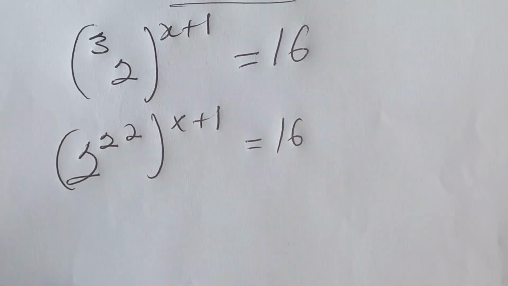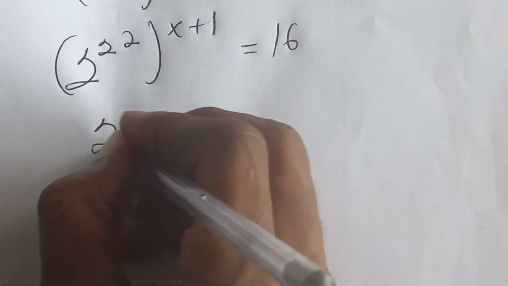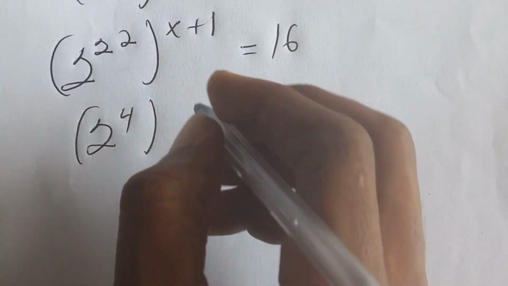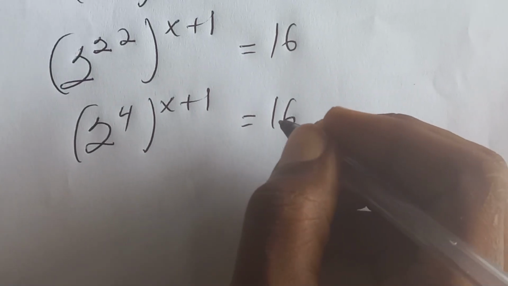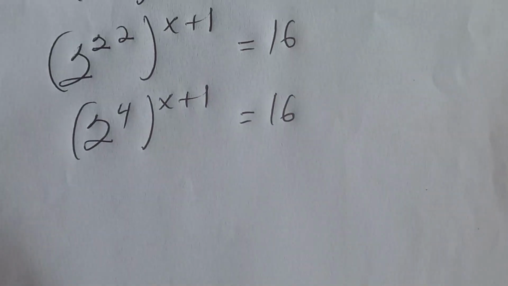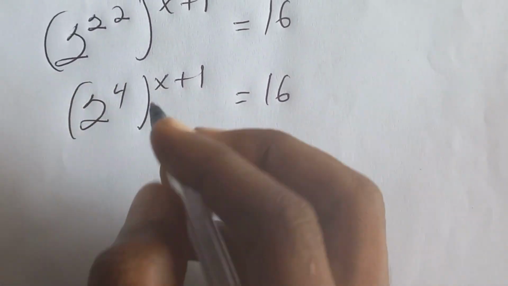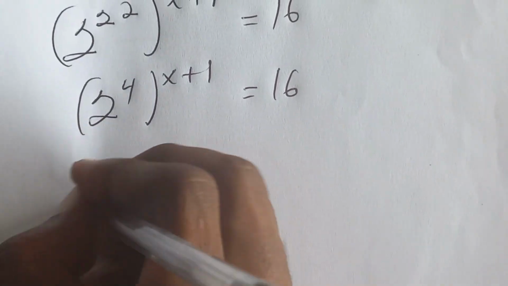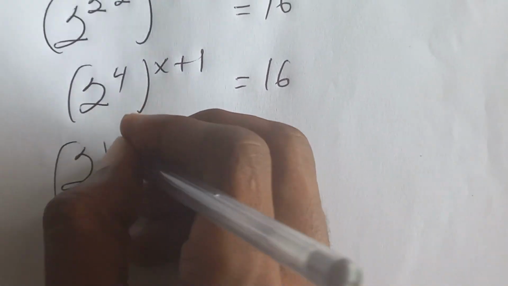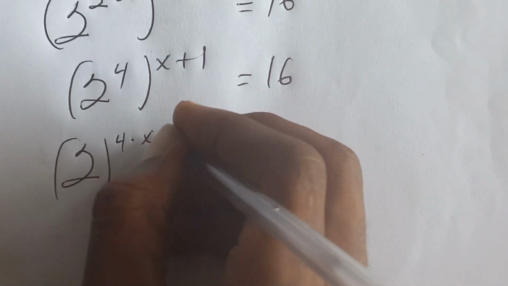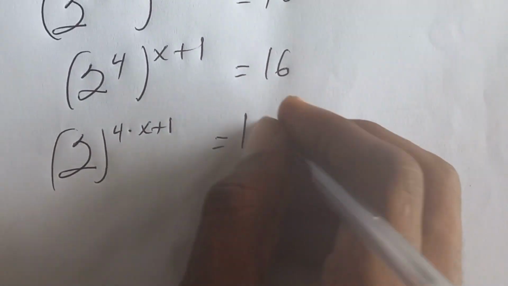So having this and this, it is 2 exponent 4 bracket x plus 1 is equal to 16. Okay, now you can see that this here is the same as 2 into bracket 4 multiplied by x plus 1 is equal to 16.